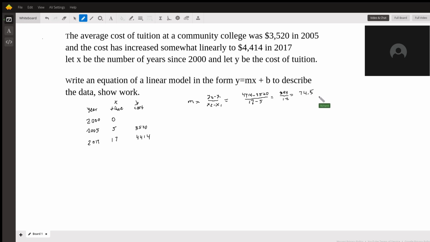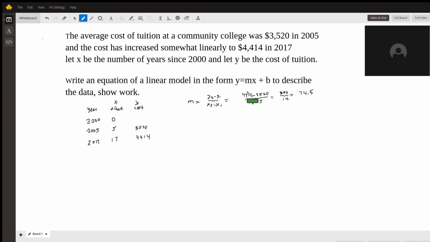What's that telling us? What does slope really mean here? Remember that slope is always a rate. So this is telling us that on average, the cost of tuition is going up $74.50 per year. Okay, which is pretty good. Tuition is rising, and that's not so bad.